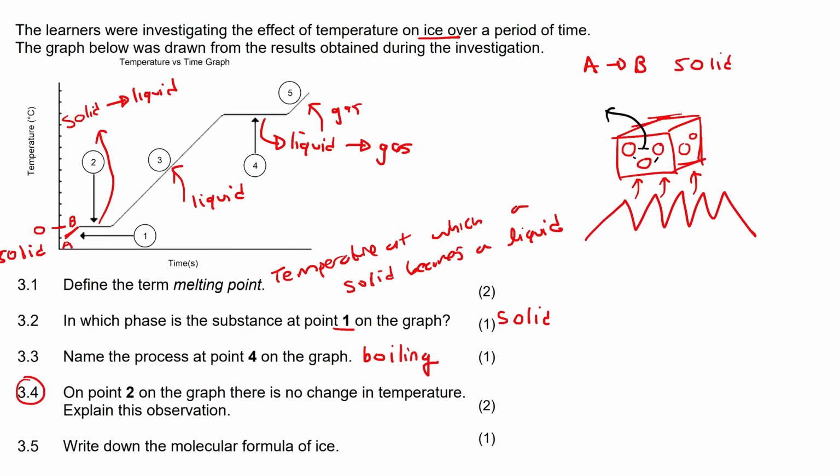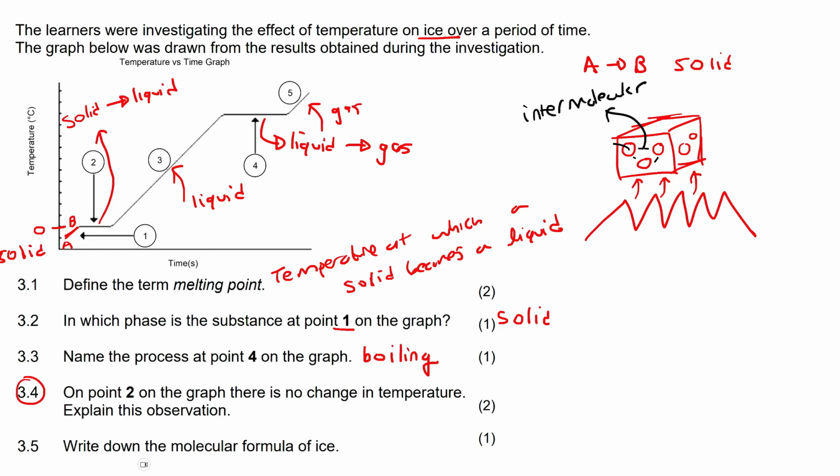They are called intermolecular. Okay? What starts to happen now when we get to 0 degrees is the energy is going to start, you can think of it as almost like breaking those, and it's going to start pulling these molecules further away from each other.